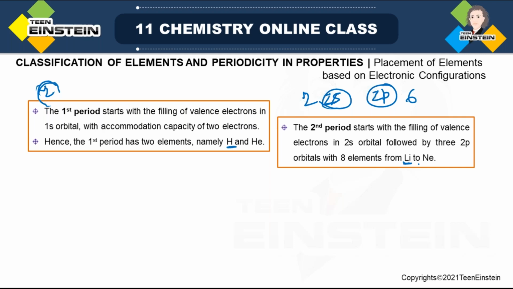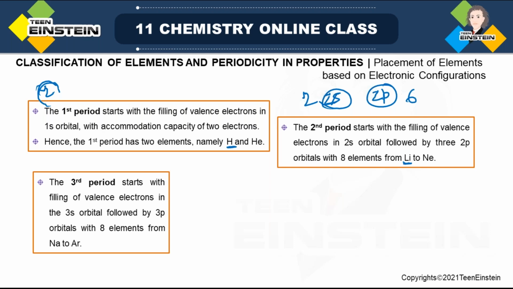Now the third period. In the third period we have 3s and we have 3p. In 3s we can place a maximum of 2 electrons, and in 3p a maximum of 6 electrons.